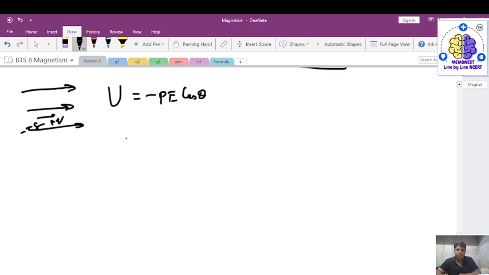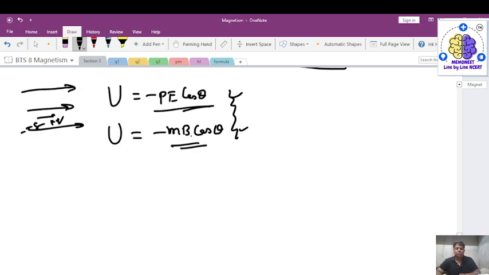So similarly, here in magnetism, the potential energy will be equal to minus MB cos theta. Why am I again taking electrostatics and magnetism all together? Because both are treated similarly. If you have understood electrostatics very well, it will be easy for you to understand magnetism, right? And if you have not understood electrostatics very well, go and study it, and if still you do not feel like studying it, just remember the formula, that is U is equal to minus MB cos theta.